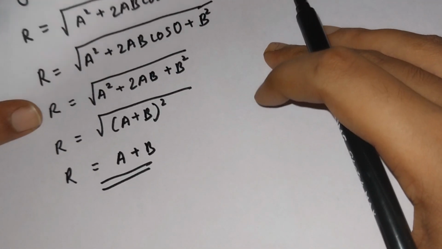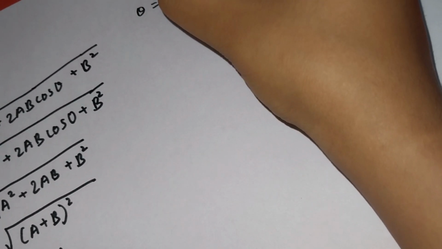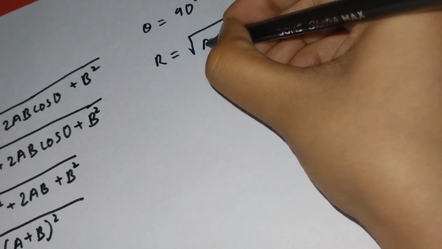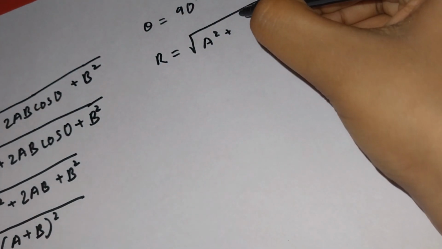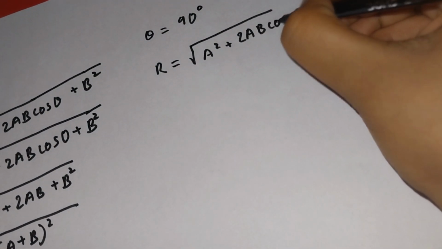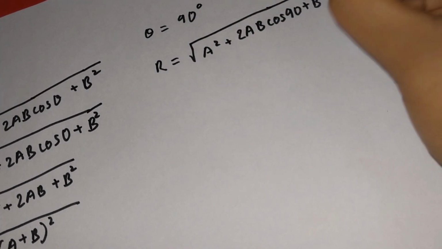Now when angle theta is equal to 90 degree, what will be the case? When theta is equal to 90 degree, r is equal to root of a square plus 2ab cos 90 plus b square.